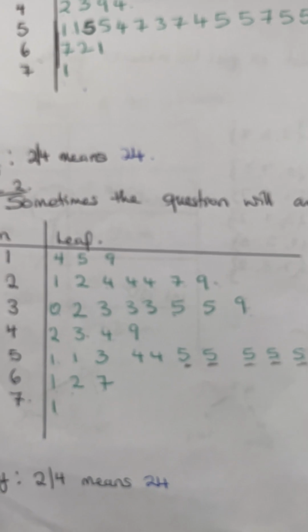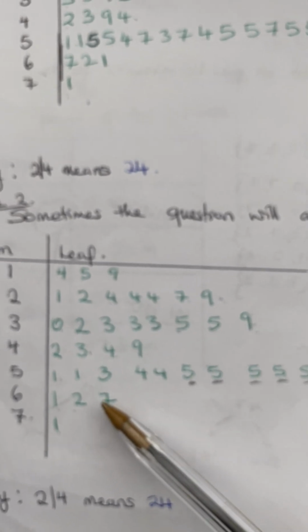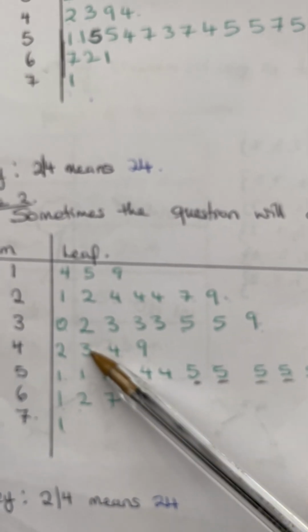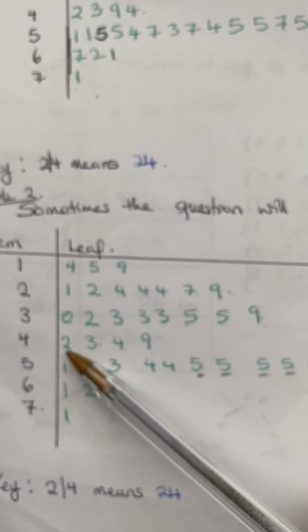Because you've arranged it from the lowest to the highest, you can easily find that. So you have 1 up to 19, and then 42 and 43.